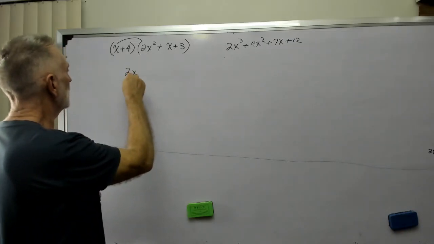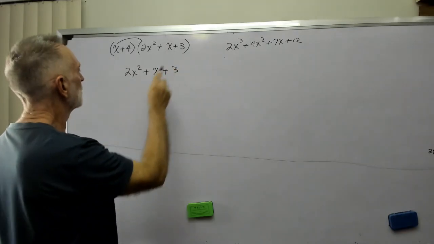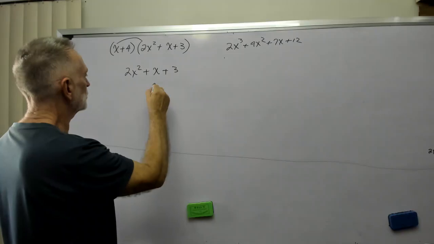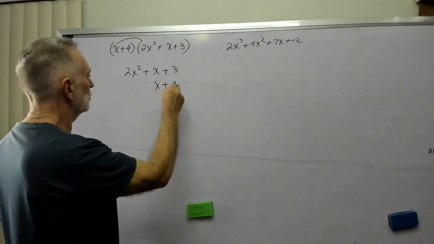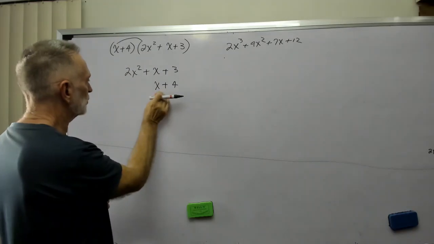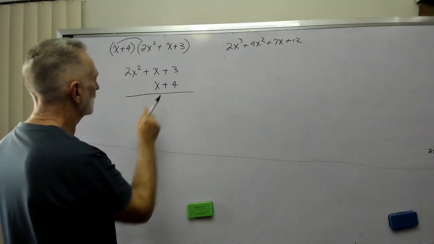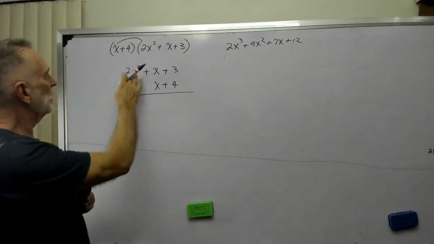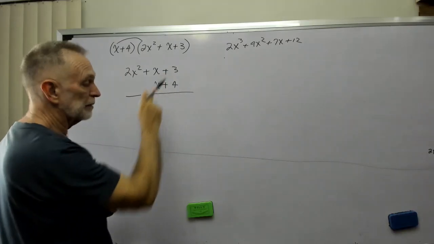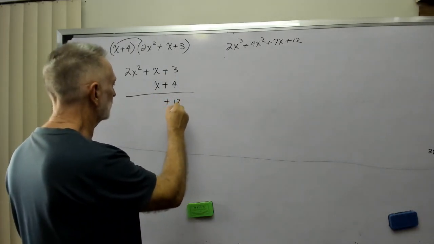So I have 2x squared plus x plus 3, and I'm going to multiply that times x plus 4. Now you'll notice I aligned the terms. If this were an x squared term, I'd put it over here, but I have x plus 4 times all this other. 4 times 3, a positive 4 times a positive 3 is a positive 12.